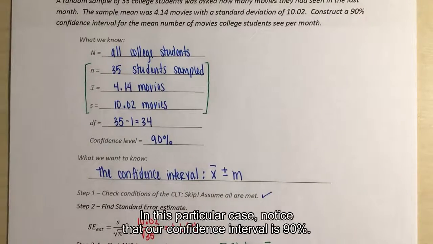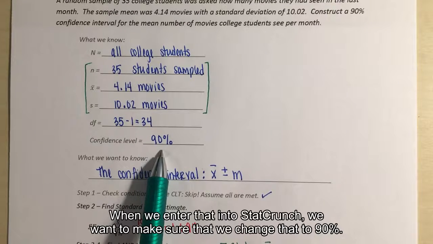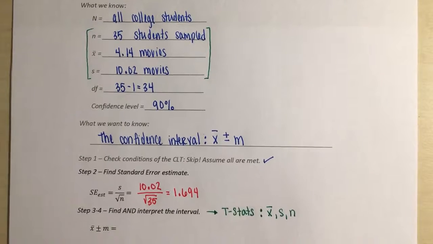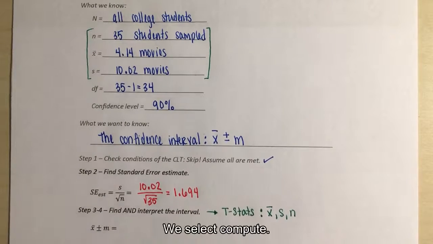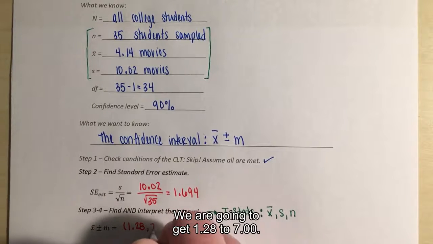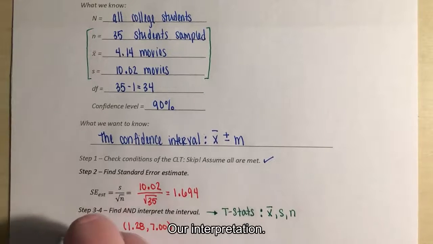In this particular case, notice that our confidence level is 90%, so when we enter that into StatCrunch, we want to make sure that we change that to 90%. We select compute, and we are going to get 1.28 to 7.00.